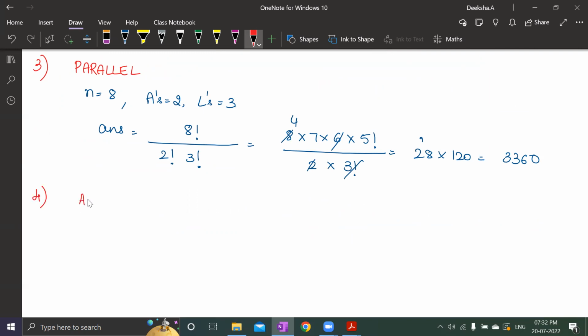Give me the answer for this one. What is the answer?